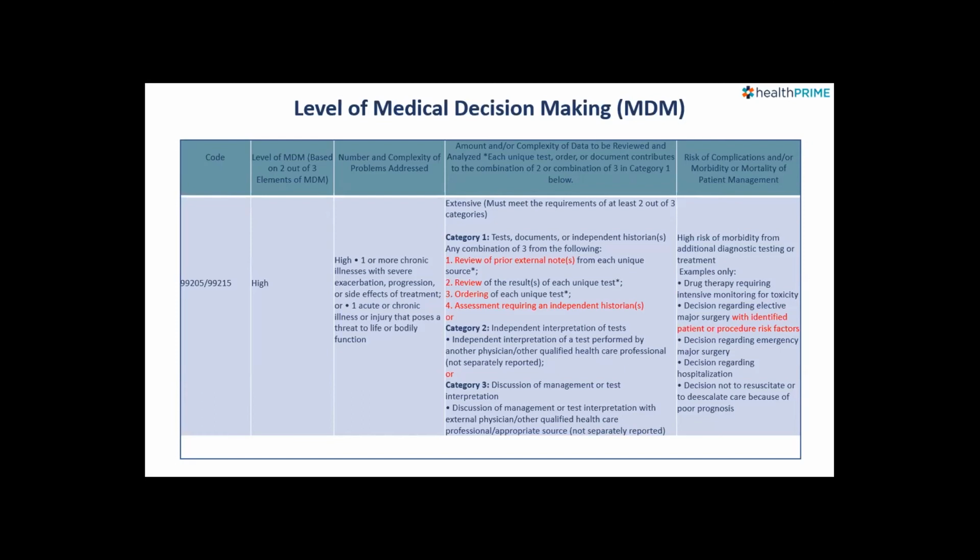The 3 categories are similar to the moderate complexity, but for moderate we were required to document one category out of the 3, but for extensive we need to document at least 2 of the 3 categories.